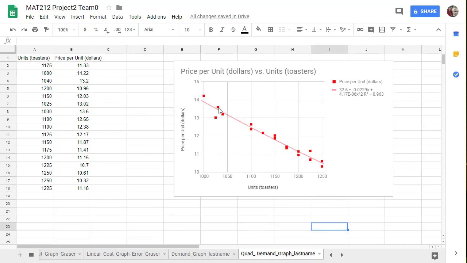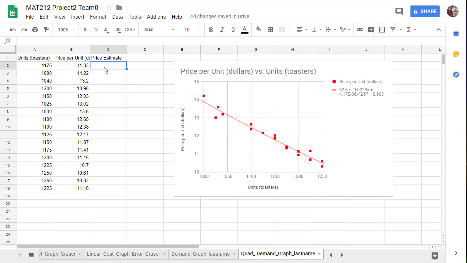There it is. And the only complication I'm going to have here is typing in that scientific notation. So I'm going to do a price estimate. And I'm going to have to type the formula in, but when I get to the x values, I'm going to click on A2.